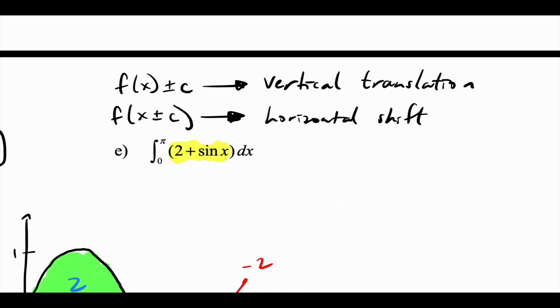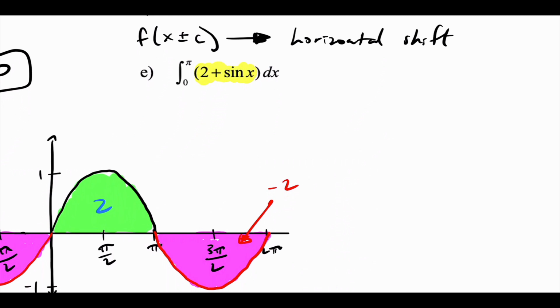So you can think of it like we're shifting everything up 2 units. So the area is going to get bigger, right? There's going to be more green area there. Another way to think about it is to use one of our rules. One of our rules said if we had 2 functions added together, we can give them each their own integral.